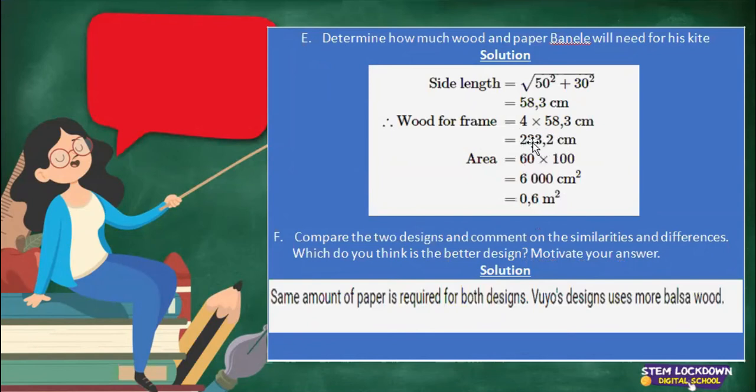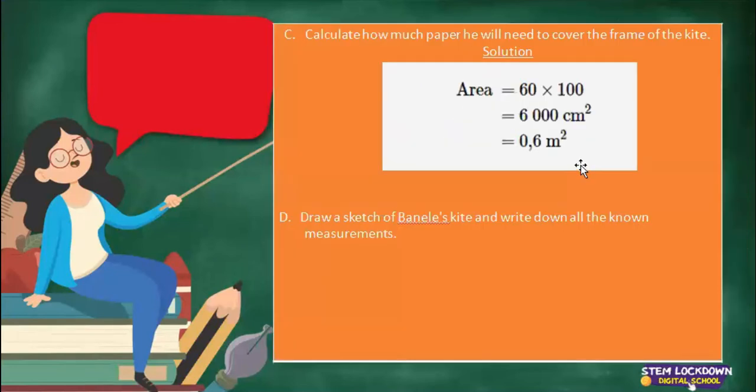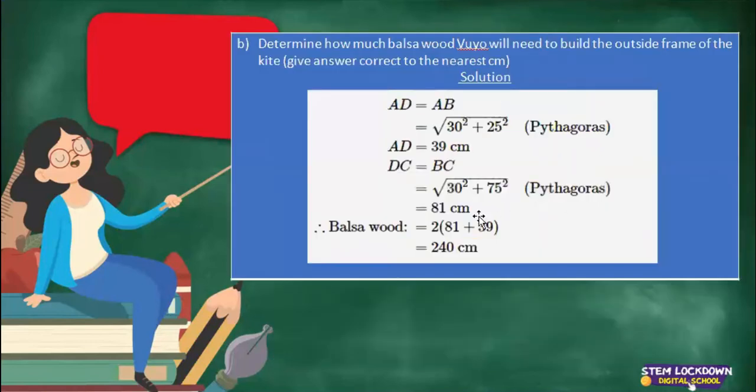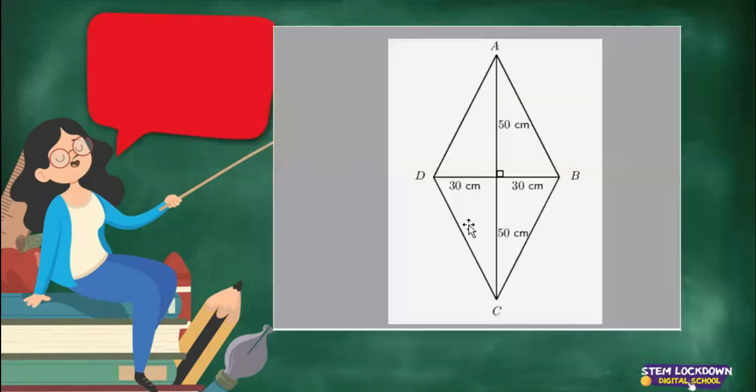For Bannerless it is 233.2 centimeters. But for Bujo, its perimeter is 240 centimeters. So 240 centimeters is that of Bujo, and Bannerless's is 233 centimeters.